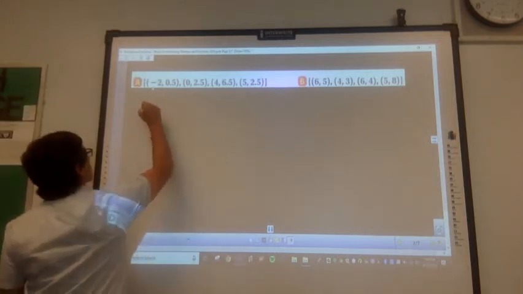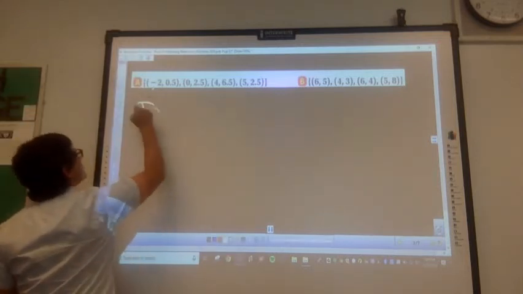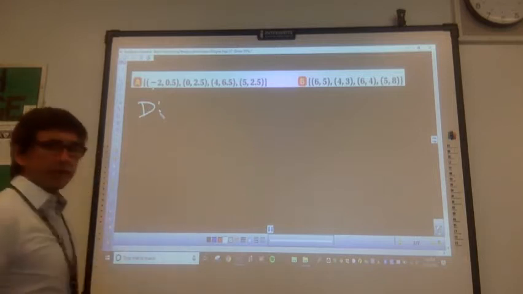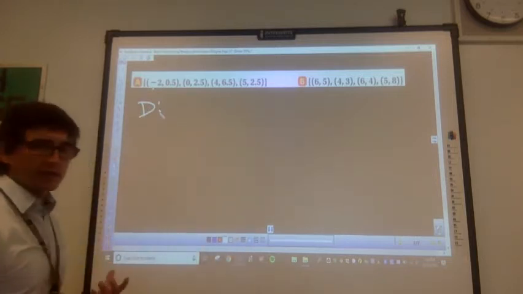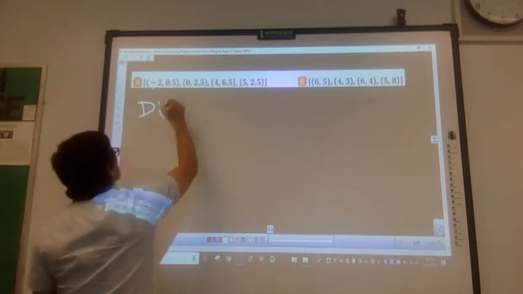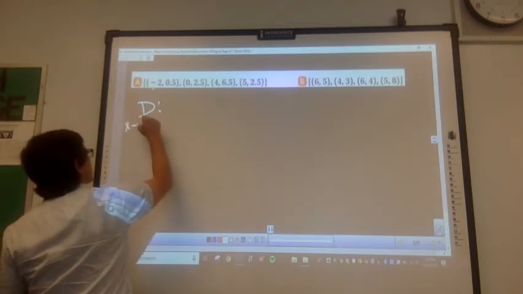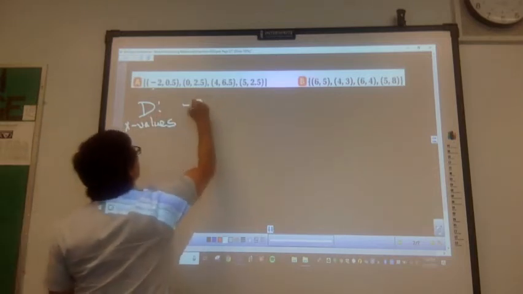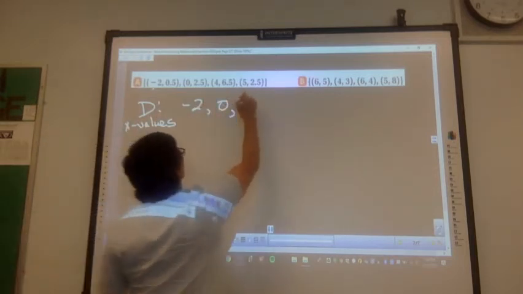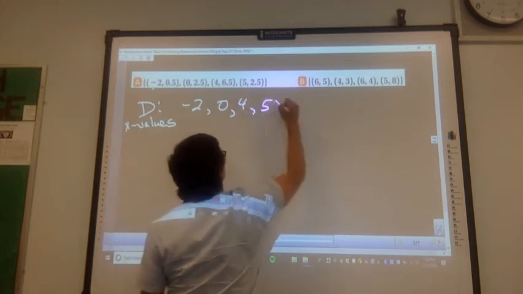So we're just going to talk about domain. I just write a D with a colon there. And least to greatest, so it's already in least to greatest for the x values. Remember, domain is x values. So we go from -2 to 0 to 4 to 5.